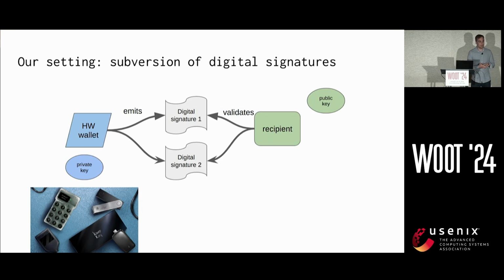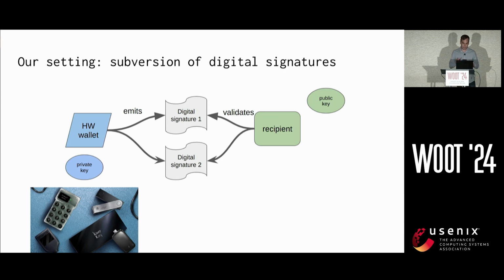We study how to backdoor a signature scheme, and we are going to get a little bit more into the details of what that means, right? The main idea is that the backdoor designer modifies the designer's algorithm or implementation, so that the designer unknowingly leaks the private key to the backdoor designer. How? Well, the backdoor algorithm embeds the private key into the digital signatures, into the output.